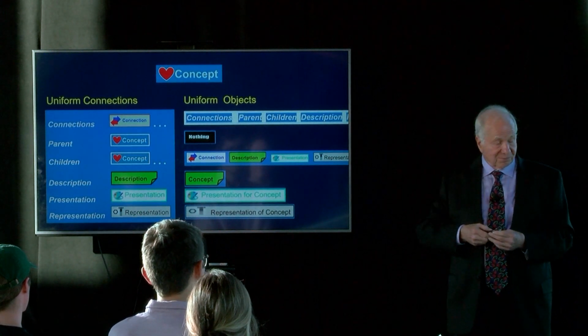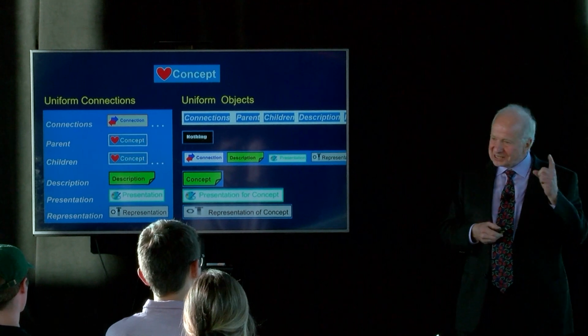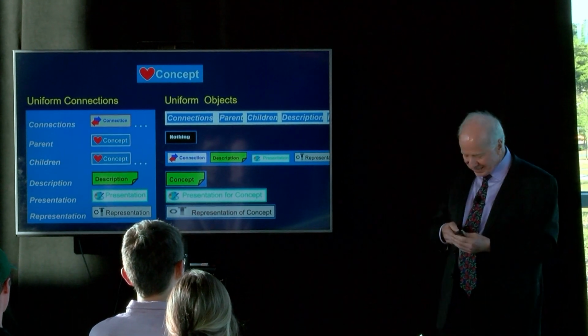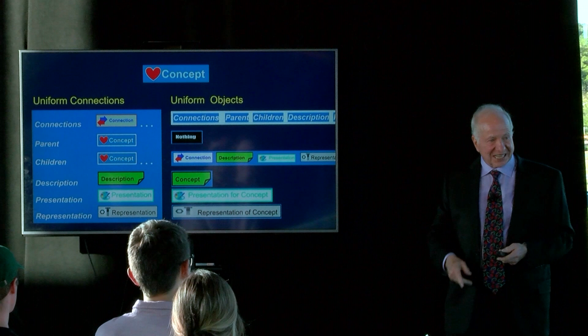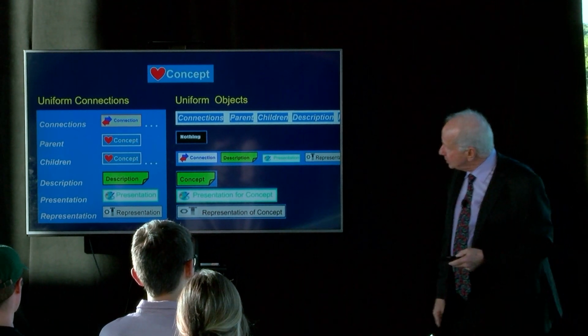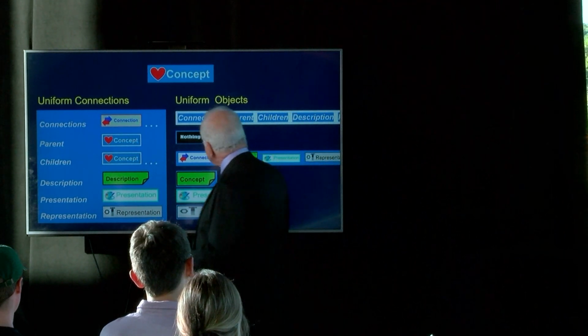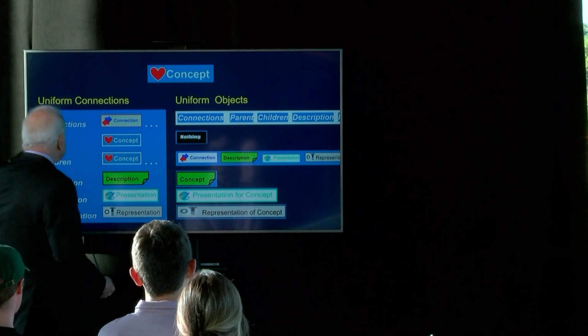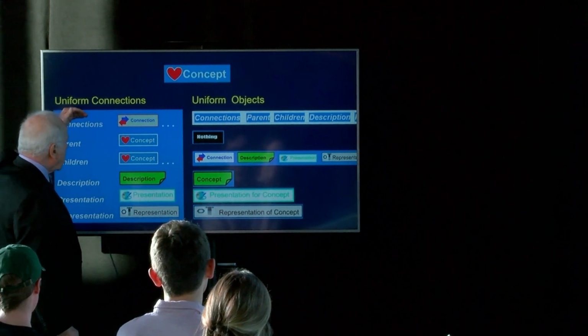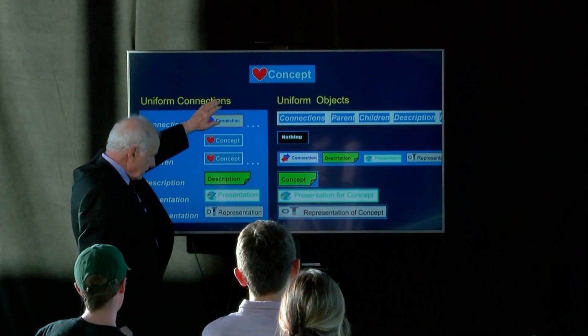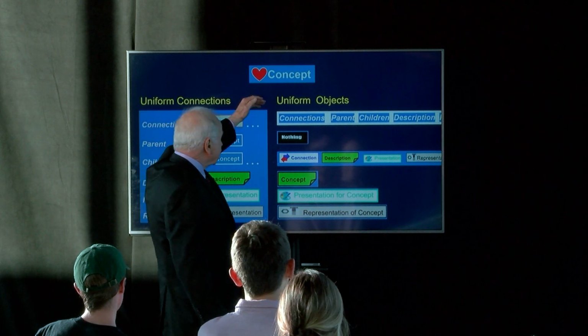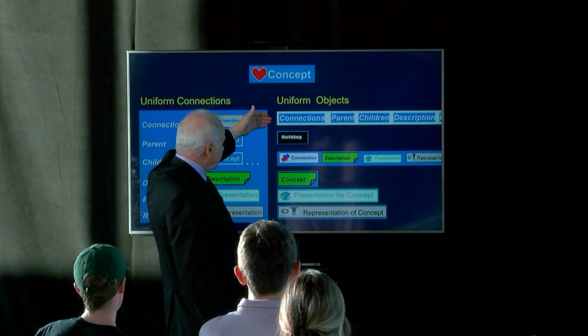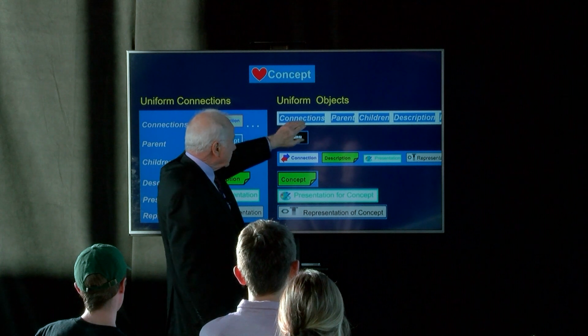And I believe that this is the gem right here. Now, I don't know whether this can exactly relate to it, but you have a concept that has a list of all the connections.